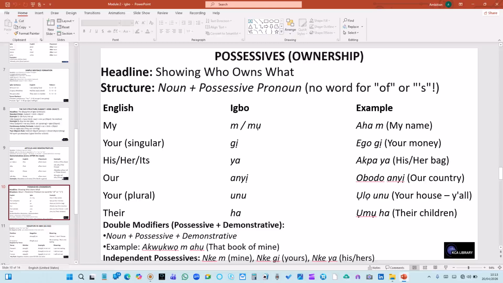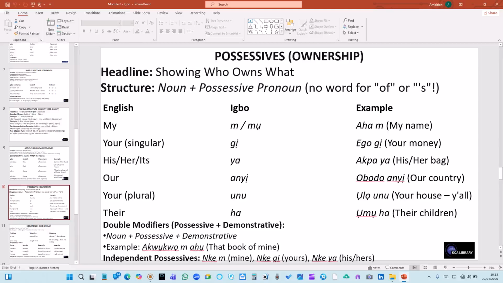Then yours, singular, gị in Igbo: egogi, that is your money. Then we have his, her, or its, that is ya: akpaya, which is his or her bag. Our means anyị in Igbo: obodo anyị, our country.